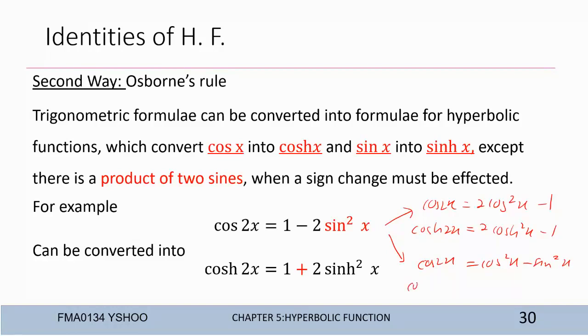When you want to change to hyperbolic, cos never changes, but the sine changes, and since this is a minus, we change it to become a plus. This one is a lot easier, but please be careful, because if we have a sine it is very easy to detect. But how about when it involves tangent or cosecant?